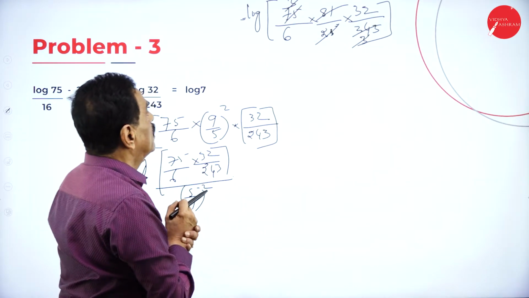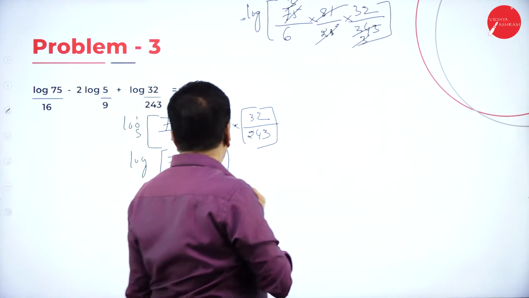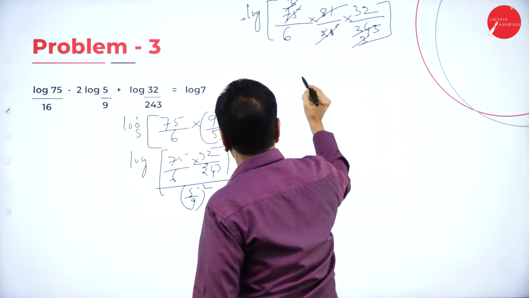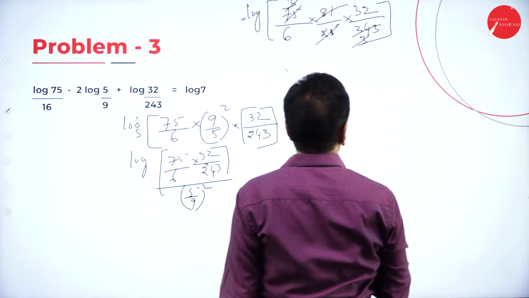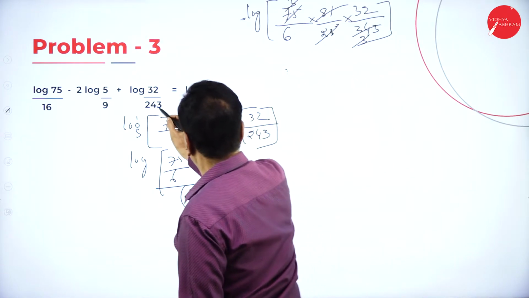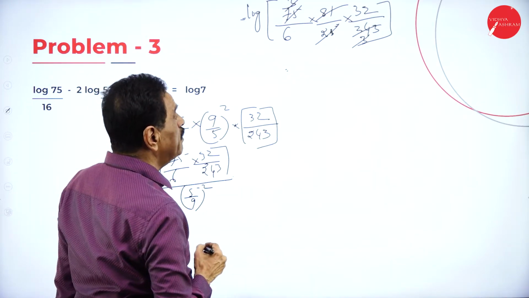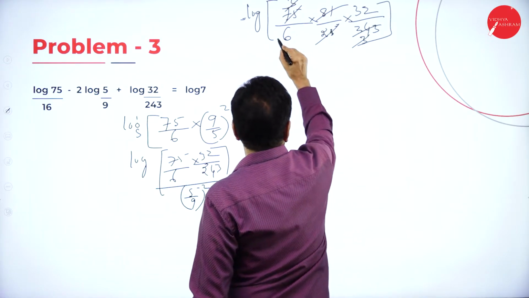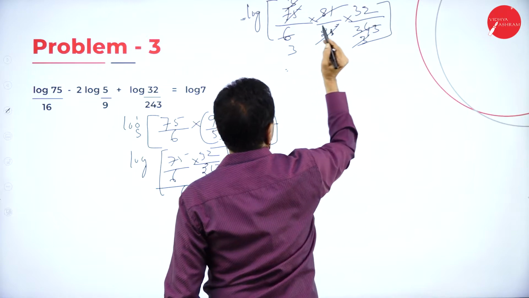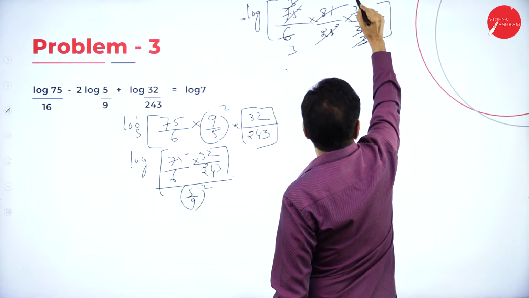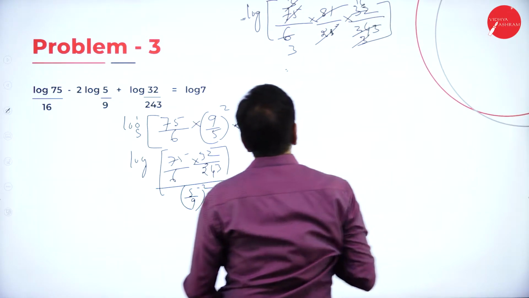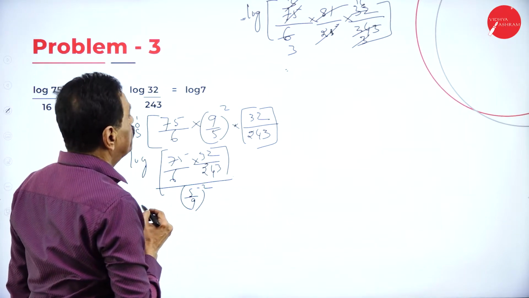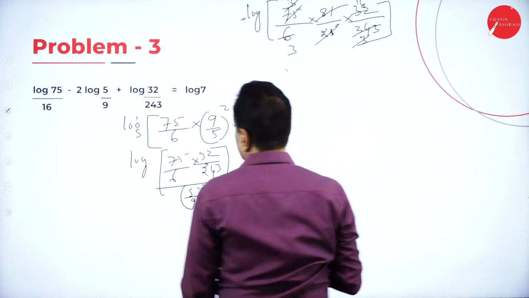Here now, so you have got 32 divided by 3 to the 7 there now. This is log 32 divided by 7. We can write that.